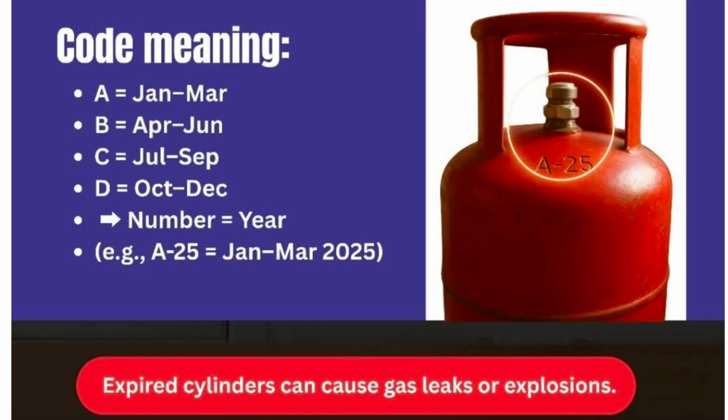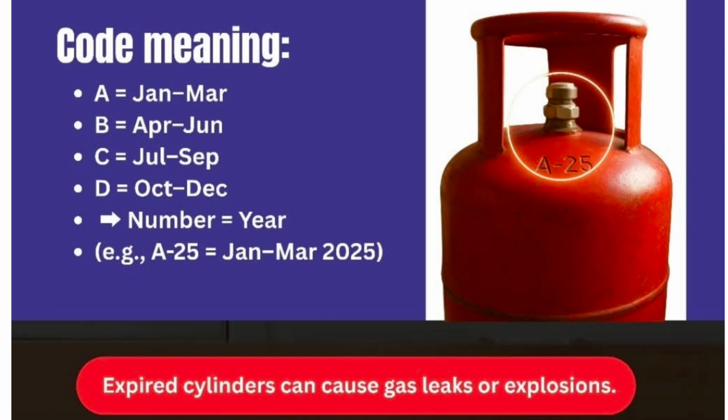There is A, B, C, D. When you find that they have indicated A on your cylinder, that A represents January, February, and March. B represents April, May, and June. C represents July, August, and September. D represents October, November, and December.